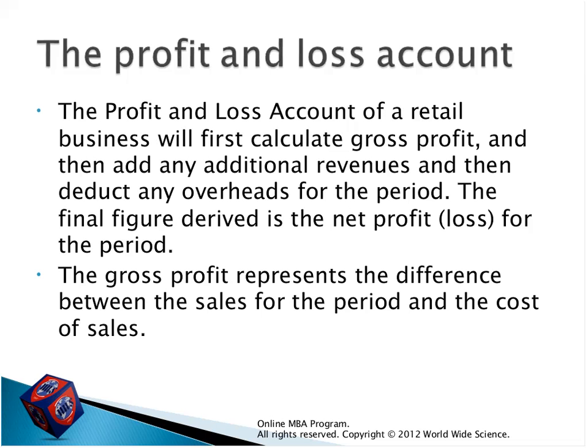First it comes with the revenue minus cost of goods sold. And the gross profit represents the difference between the sales for the period and the cost of sales, right? This is for retail. What about a production company, where we can see the cost of goods sold transaction?